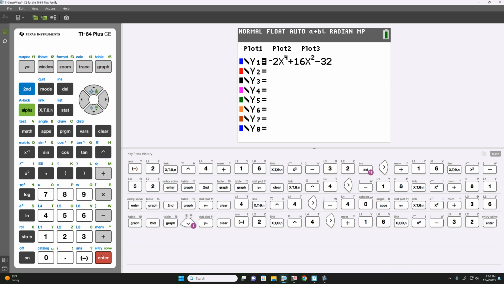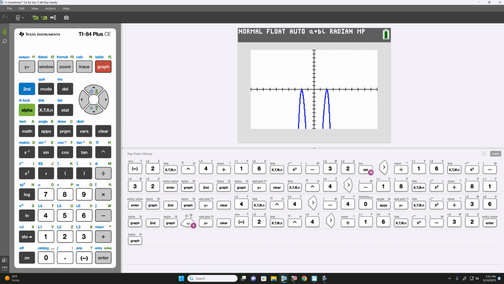So negative 2, X is next to alpha, the green button. And then the button above division will give us exponents. 4. And then we need to arrow over. And then we have plus 16x squared. Arrow over. Enter. And we hit graph.